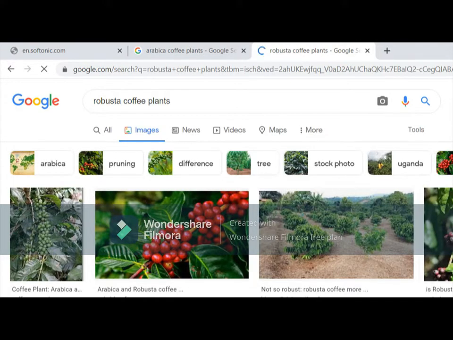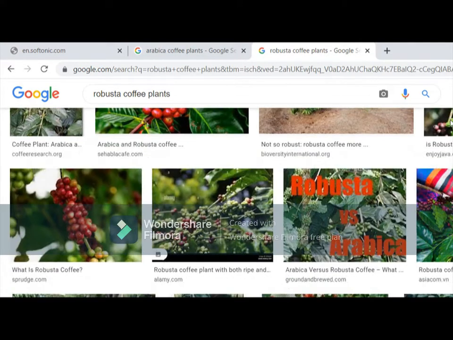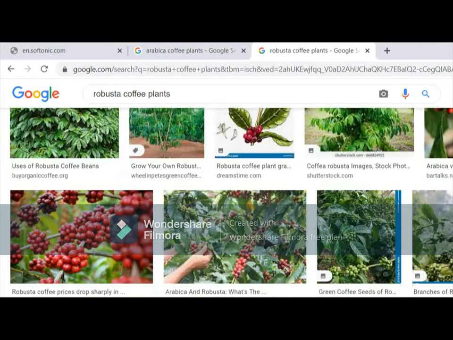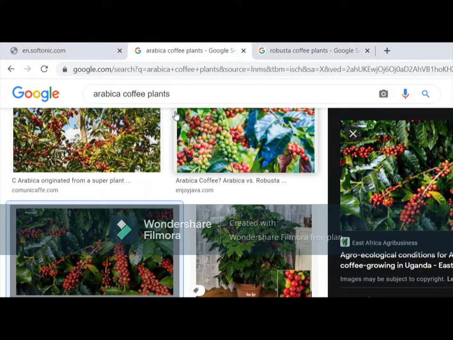Now, you will find out that Robusta coffee can easily have the whole stick red in color, and Arabica coffee may not do it. It will have some which are ready and ripe, others are not. Yes, it can happen, like in this case, whereby these are all red, but at least there are some which are not red.